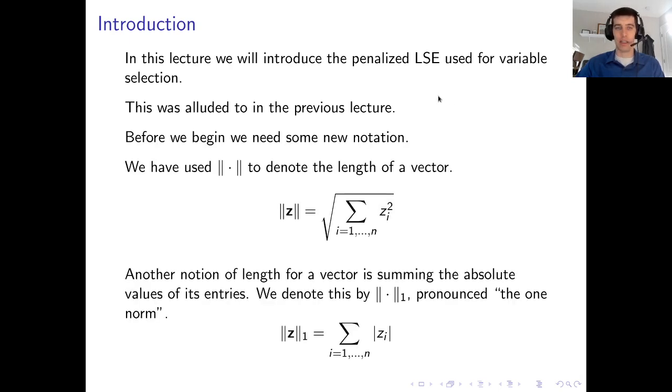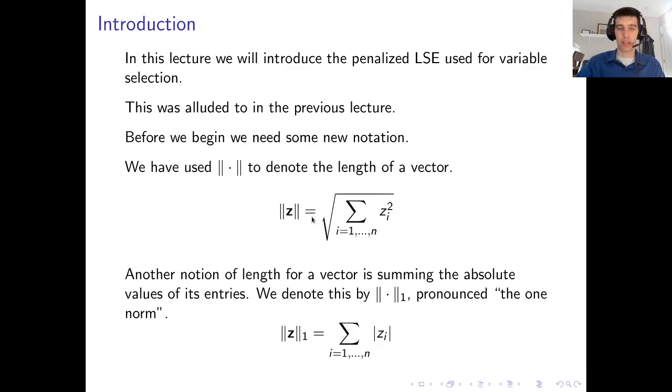So this is the lasso. But before we get to actually introducing it, what that penalty looks like on the mean squared error, let's introduce some notation. In the past, we've used this norm, particularly in the context of ridge regression, to indicate the length of a vector.